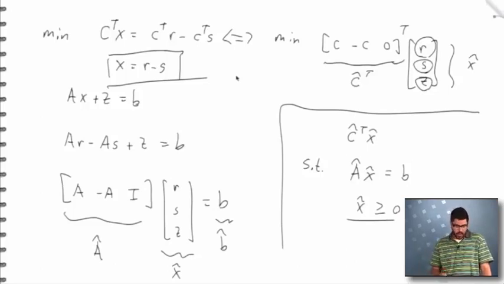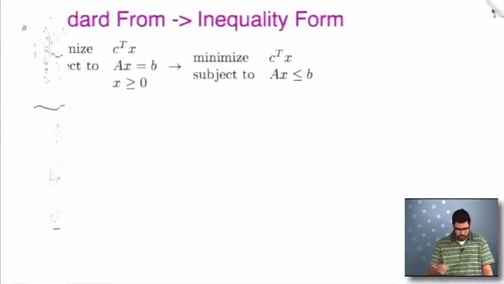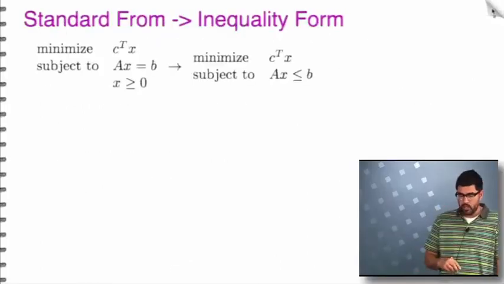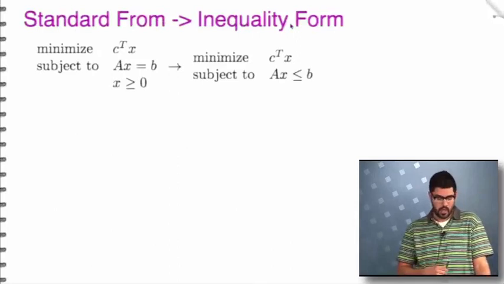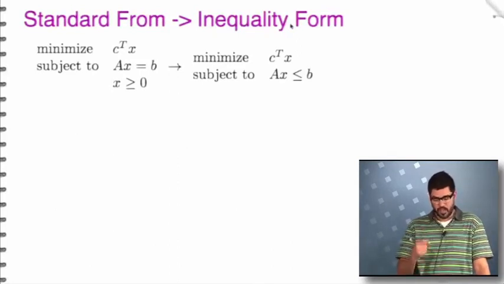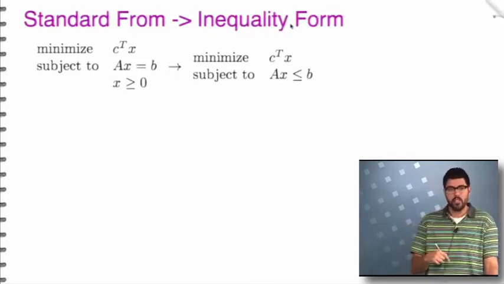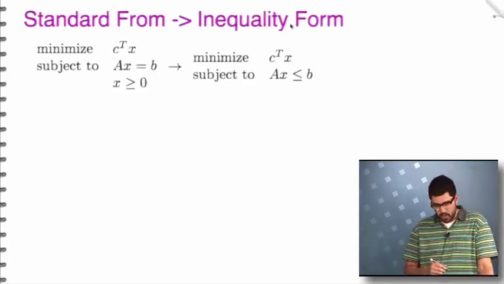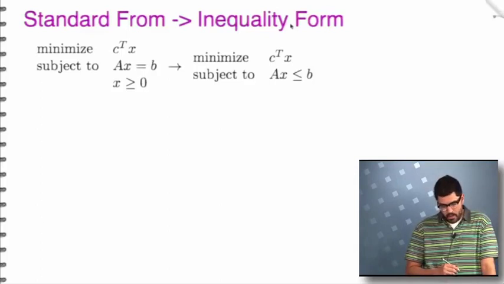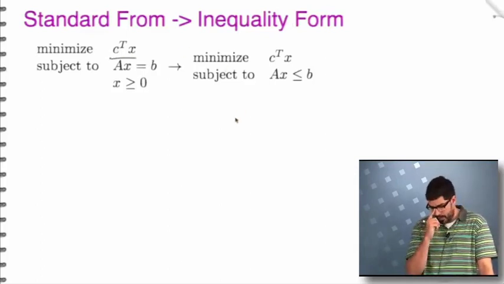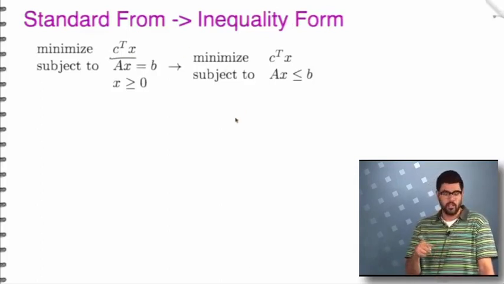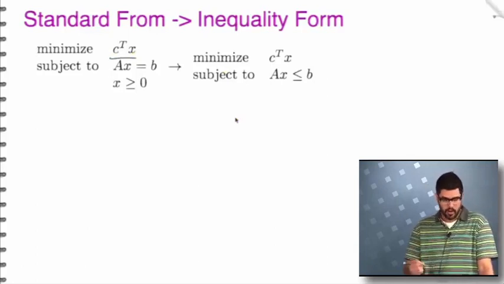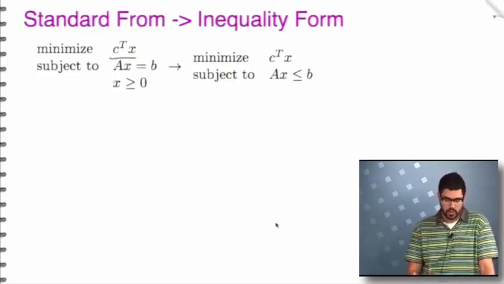Okay, now let's go ahead and see how we can go the other way. Let's do standard form to inequality form. Now this actually will be a little easier because we don't have to add slack variables. So C transpose X, because we're not going to add any more variables, we don't have to change.